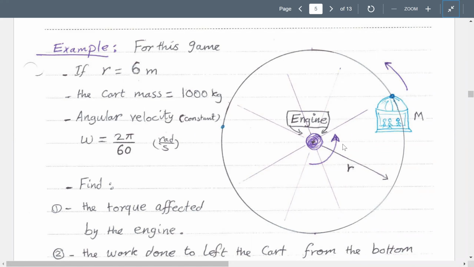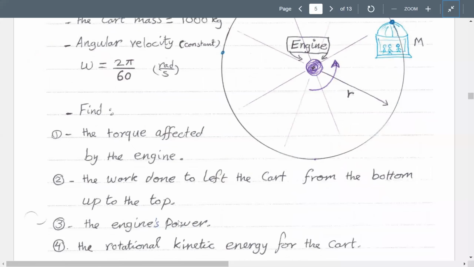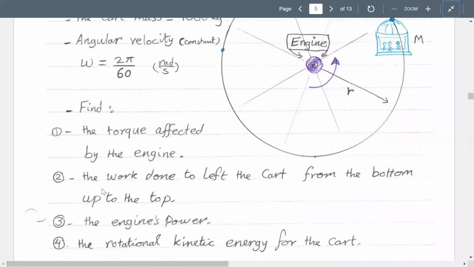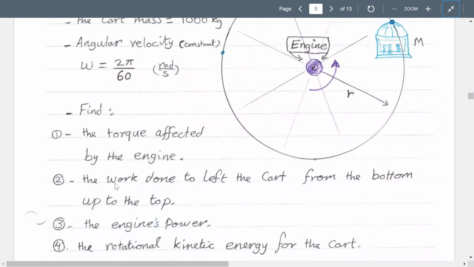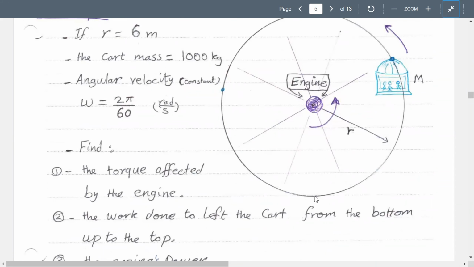Okay, what do we need to find? The velocity is given: 2 multiplied by 3.14 over 60. We can find it as just a number. Now we need to find the torque exerted by the engine. Also, we need to find the work done to lift the cart from the bottom to the top.